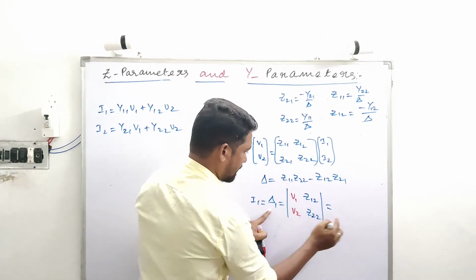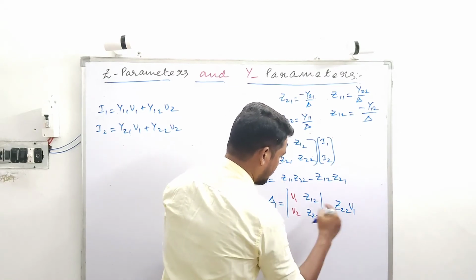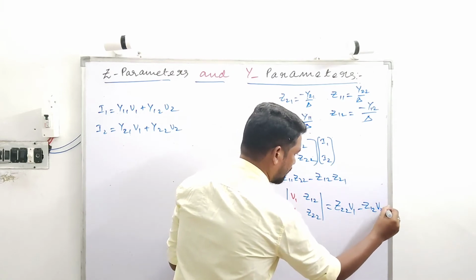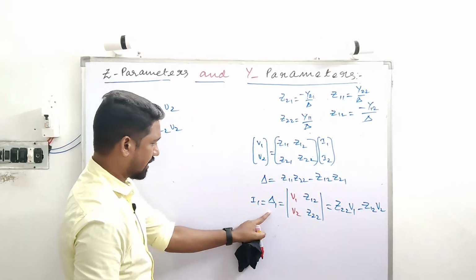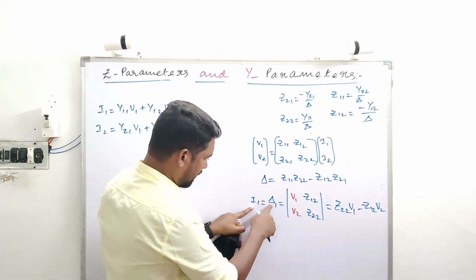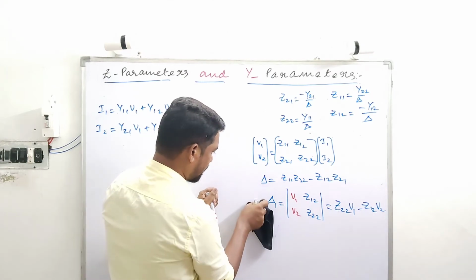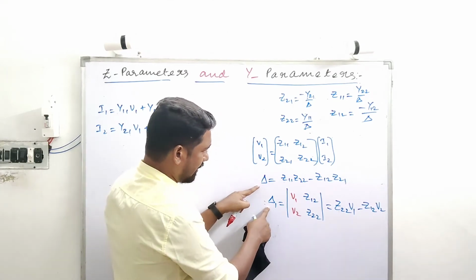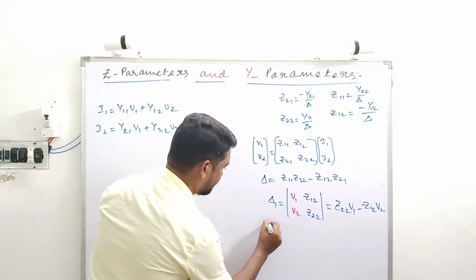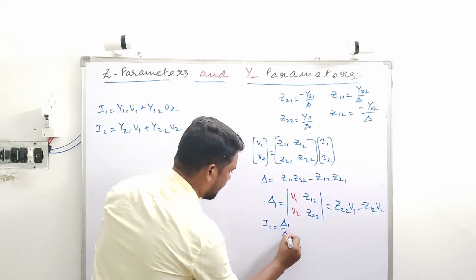So this into this, in the sense Z22 V1 minus Z12 V2. If we want to have I1, we need del 1 by del, isn't it? Making use of these two expressions, we can evaluate I1. So I1 is the ratio between del 1 by del.